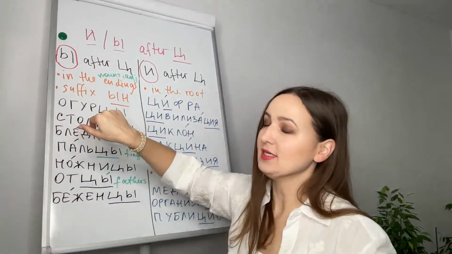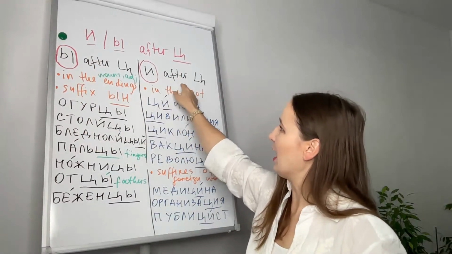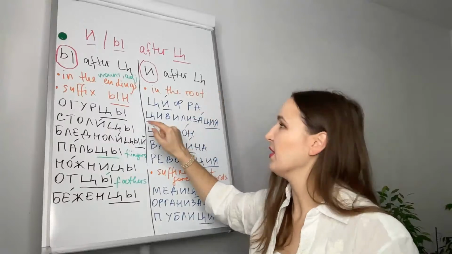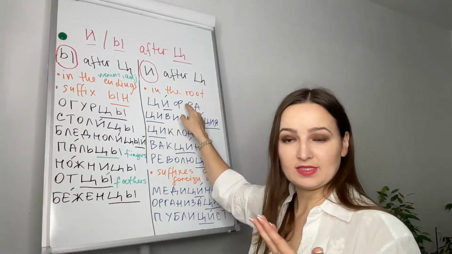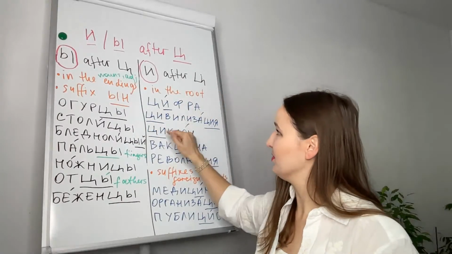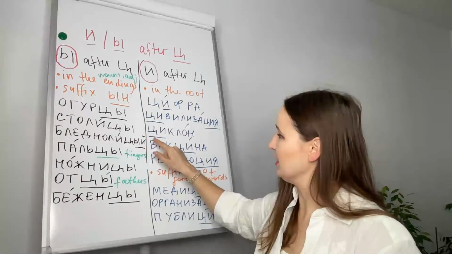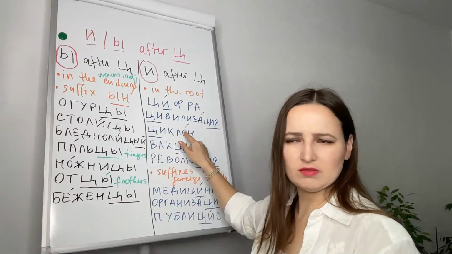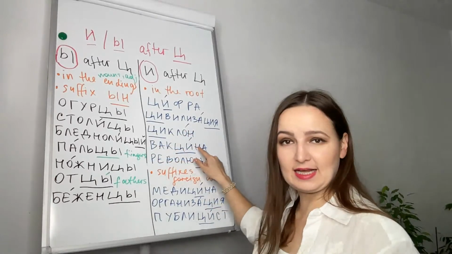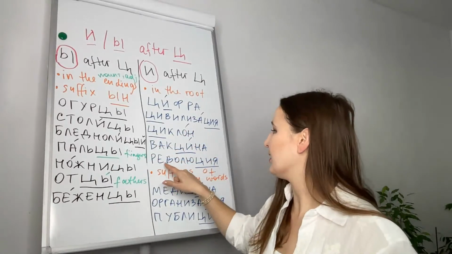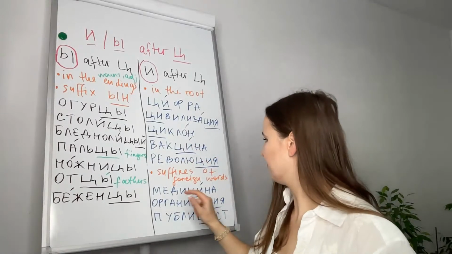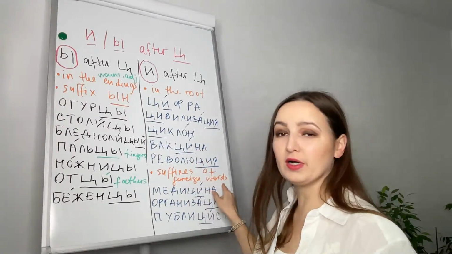When do we write И? In the root, like цифра, a number. Цивилизация, civilization. Циклон, cyclone, right? Вакцина, vaccine. Революция, revolution. Suffixes of foreign words.